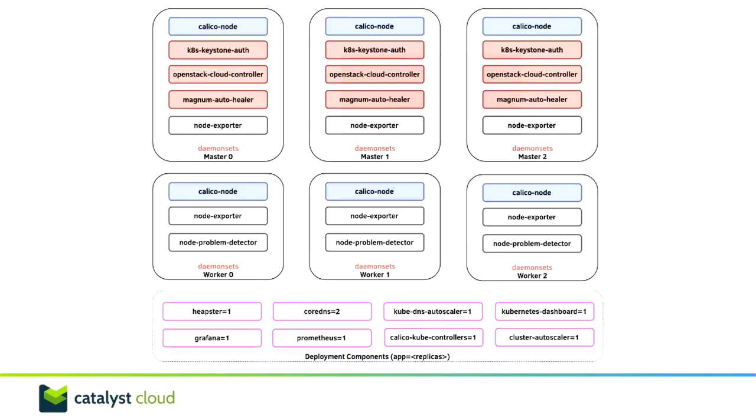So I can just give you some details here. At this moment, if you have a Kubernetes cluster with, for example, 3 master nodes, you can see here you may have 3 Magnum Autohealer pods. And Autohealer does support leader election, so at one time, only 1 leader is running.